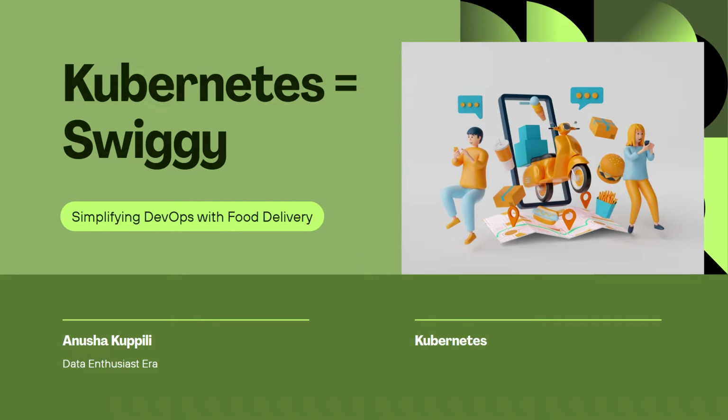You might have ordered food on Swiggy or Zomato, but we just press the button, order delivery. We won't know who the chef is and who is the delivery guy and all. That's how Kubernetes works for your apps.